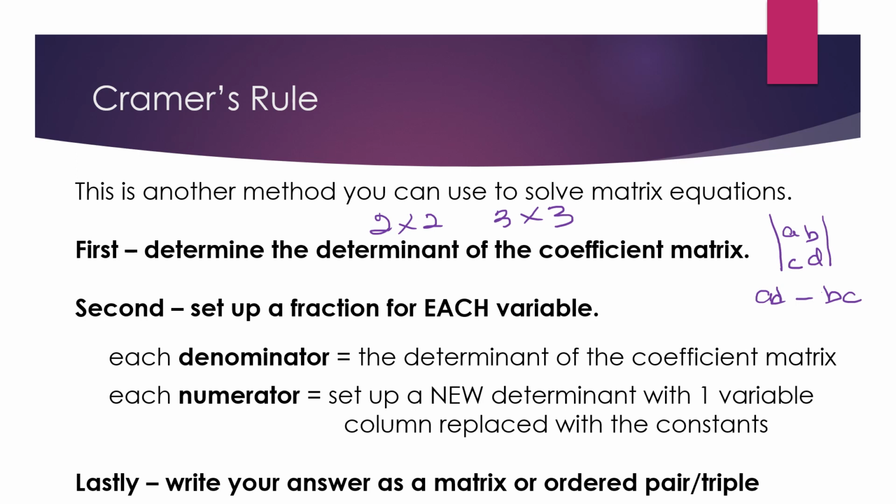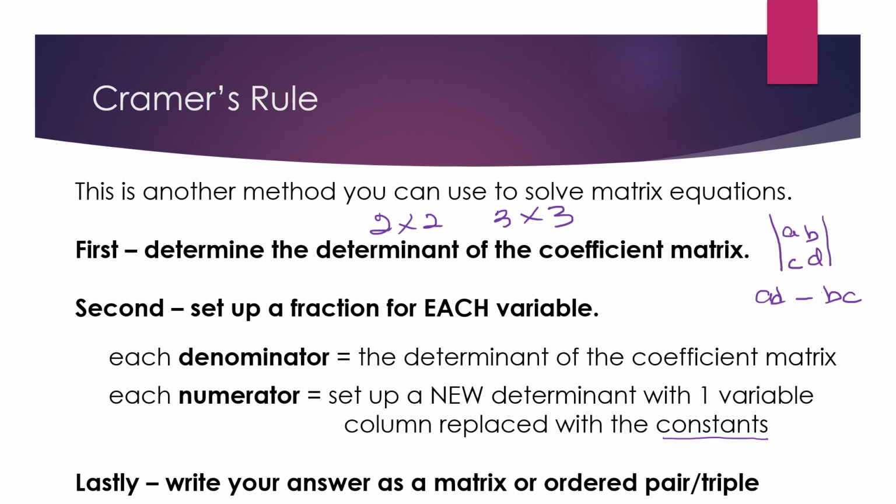When we set up our new matrix, whichever variable we're solving for, we are going to replace its coefficients with the constant values, whatever each equation equaled at the end. And then we'll write our answers as an ordered pair or an ordered triple, depending.